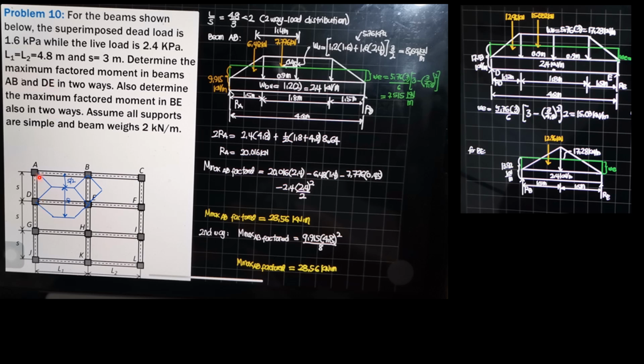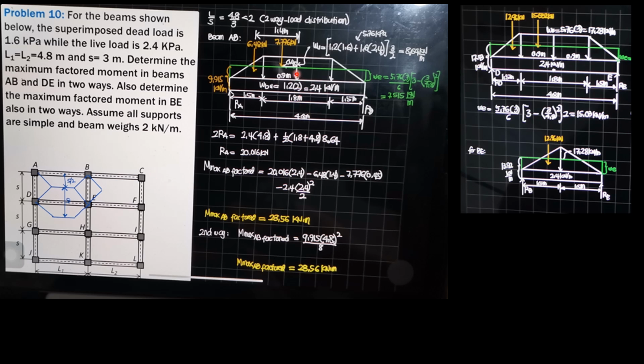AB is an exterior beam and DE is an interior beam, in two ways. Also determine the maximum factored moment in BE, which is an interior beam also, that is end supported, also in two ways. Assume all supports are simple and beams weigh 2 kilonewtons per meter.